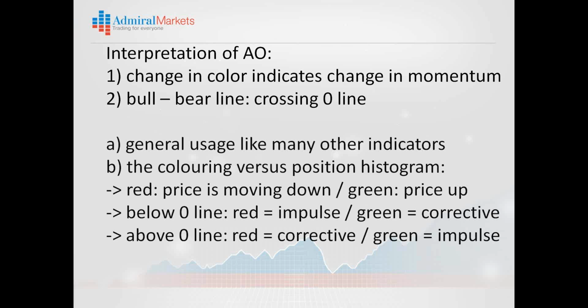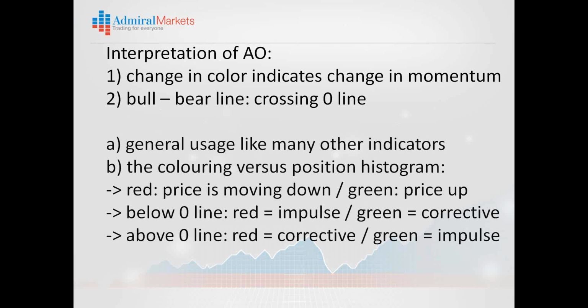So basically, these first 2 items are quite intuitive, I think. When you change the color from red to green, that shows an indication of momentum shift. Tarantula is also talking about that momentum, very important. If you have an uptrend and price is pushing up and the oscillator is following, we have green histograms.